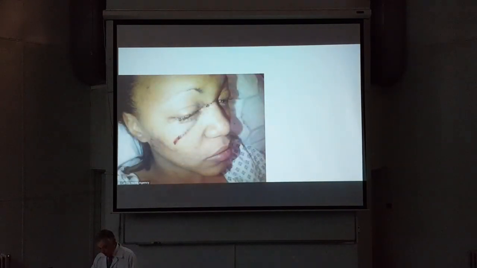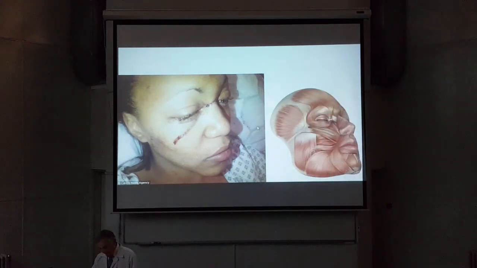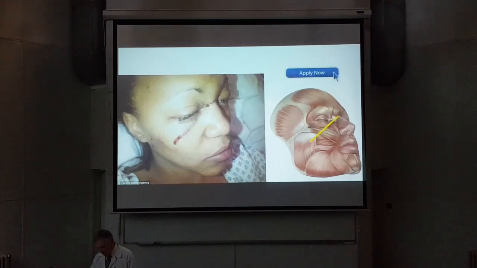This lady has this wound extending from zygoma, lower margin of the eye, and the root of the nose. We say these are muscles of facial expression. This is possibly the line of the wound.